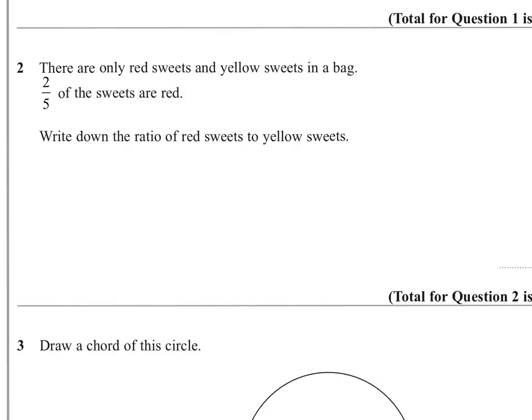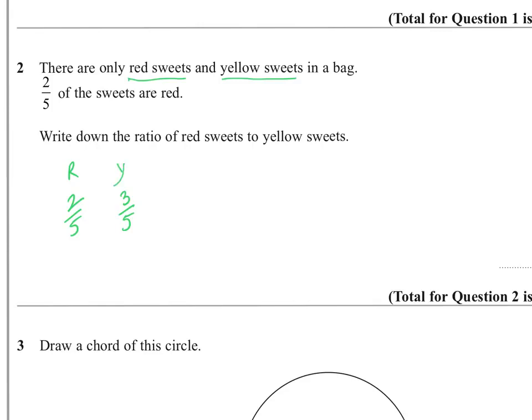Question 2. It says there are only red sweets and yellow sweets in a bag. And it says 2/5 of the sweets are red, and there's only red and yellow, so that would mean that 3/5 of the sweets are yellow.